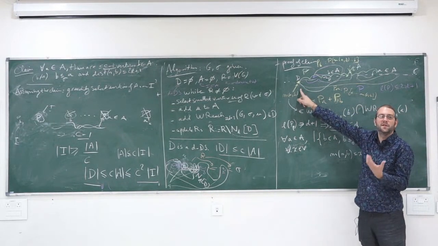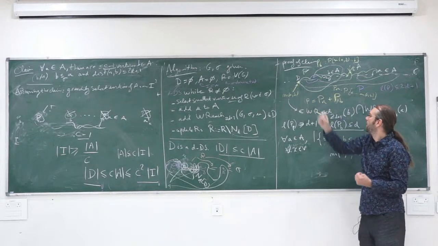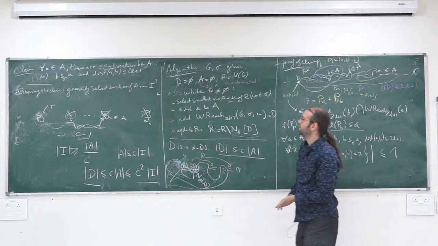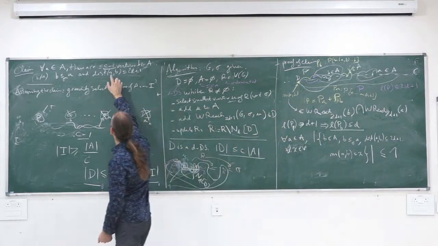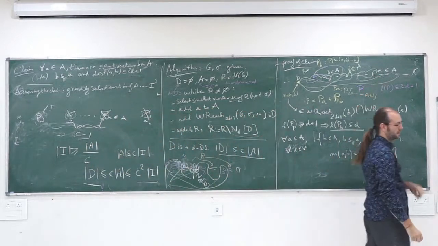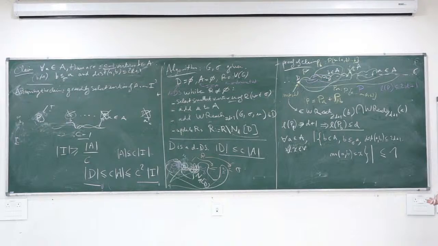There can be at most C possible minimums. Each of them gives you one other guy in B. So that means there is at most C. Well, C minus 1 because A is itself in this reachability set. So there is at most C minus 1.